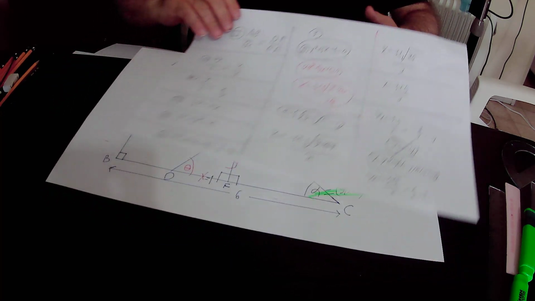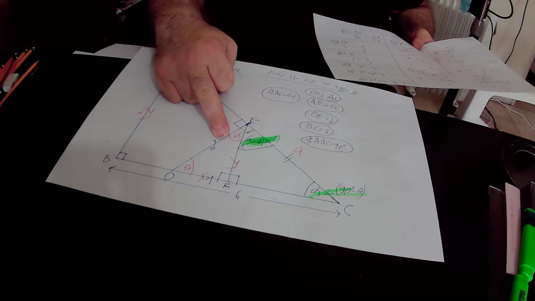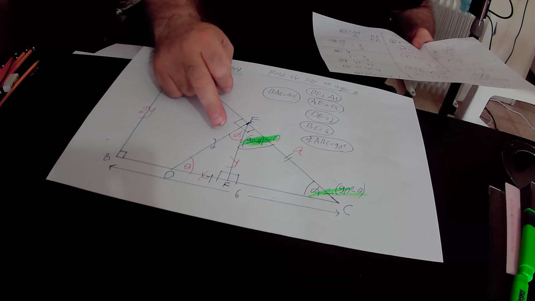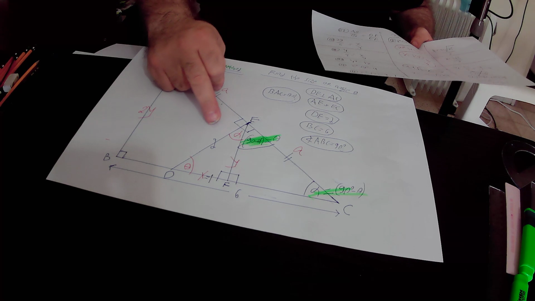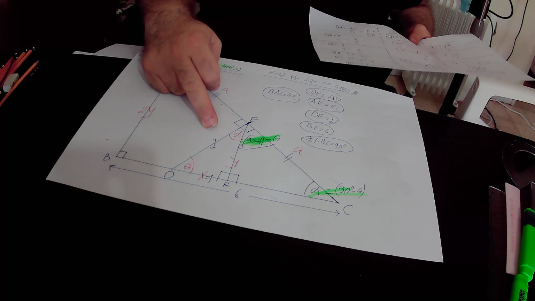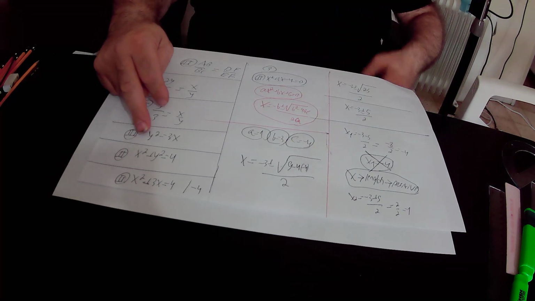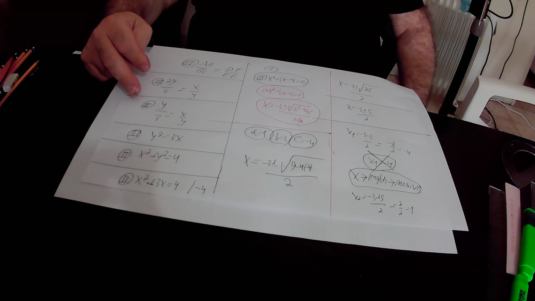But here, in this right triangle EDF, according to the Pythagoras theorem, X squared plus Y squared equals 2 squared. That is to say, X squared plus Y squared equals 4. So according to equation number 2, X squared plus Y squared equals 4.